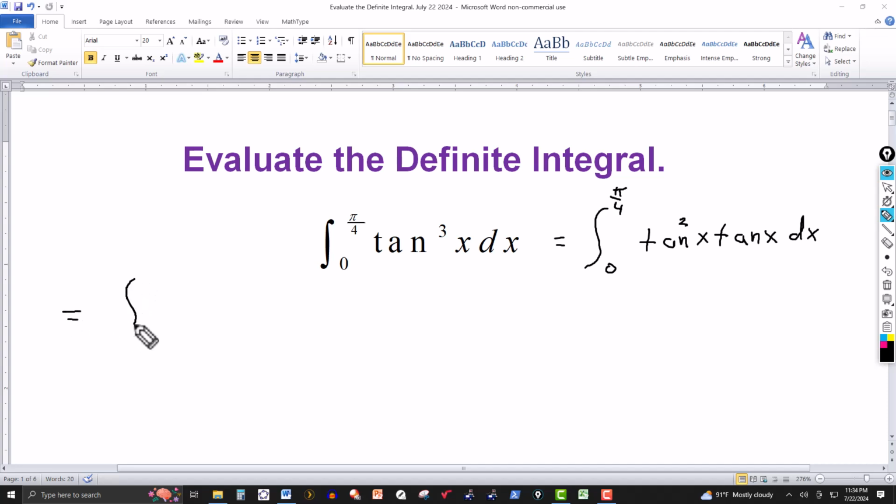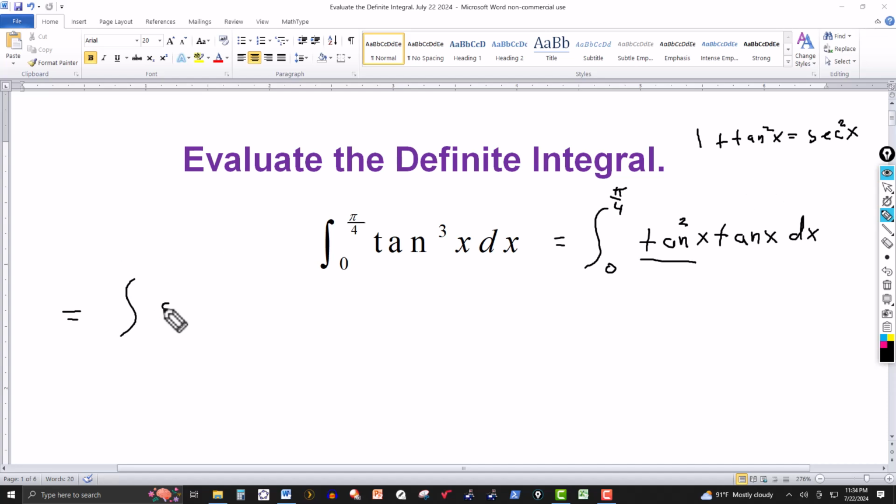We know that tangent squared x, let's do it this way. 1 plus tangent squared of an angle is equal to secant squared of the same angle. That's one of your Pythagorean identities. Tangent squared can be replaced by secant squared x minus 1.